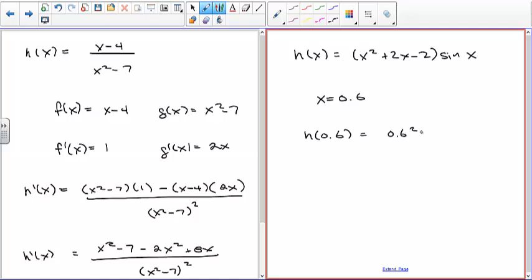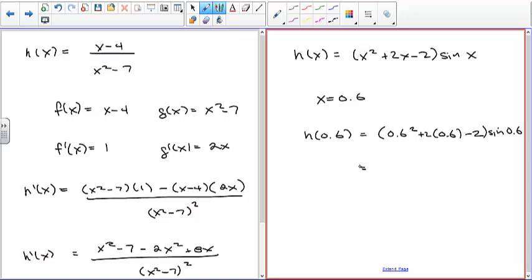So we're going to have 0.6 squared plus 2 times 0.6 minus 2, put a parenthesis around the whole thing, times the sine of 0.6, which is, we're going to use radians. So when you open your calculator, make sure that your mode is in radians, which mine is not. So fix that.